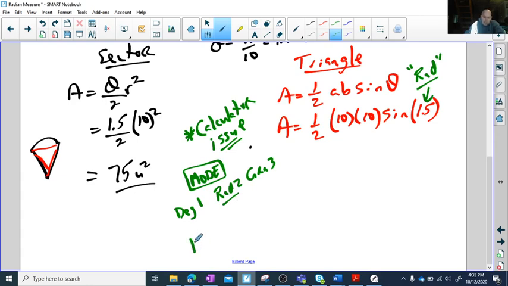Some calculators have a button like this. They'll have capital D, capital R, capital G. There'll be a little triangle beside it, and you just repeatedly hit that and look up on your screen, and you'll see on the screen it'll be switching. There'll be a D highlighted, then there'll be an R highlighted, then there'll be a G highlighted. Keep hitting it over and over till you're in the right one.